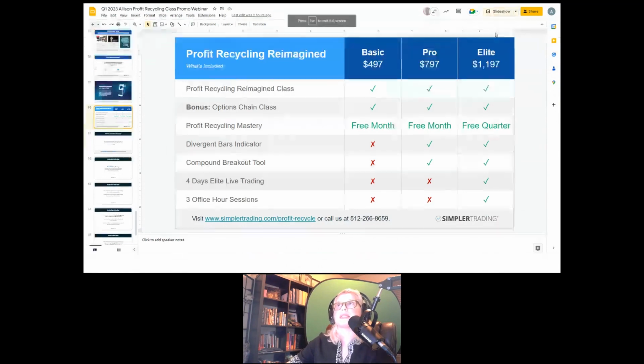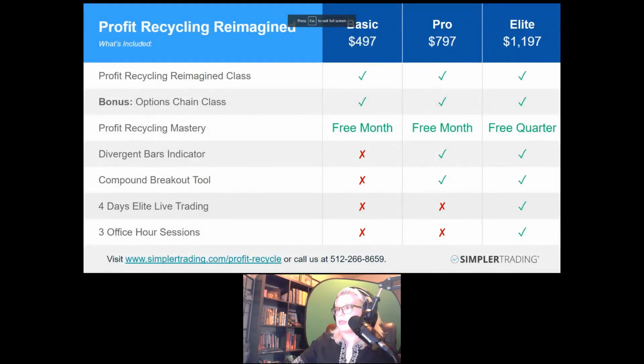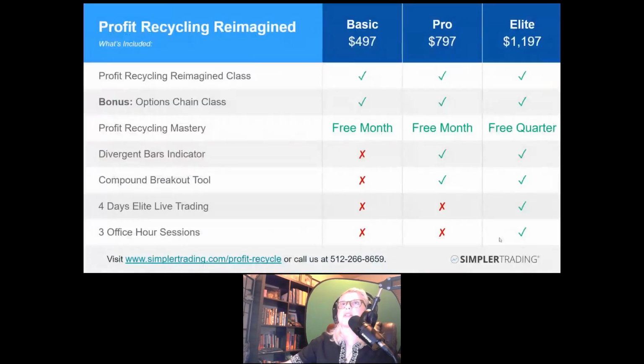Just bring that back down to there for anyone looking at the packages. And then the success of the divergent bars, they follow through the majority of the time. Obviously, there are some symbols that follow through more frequently than others, so it's good to make note of that. Most of the time, the divergent bars on symbols that I look for usually have like an 80% plus rate of follow through, like 80% of the time.